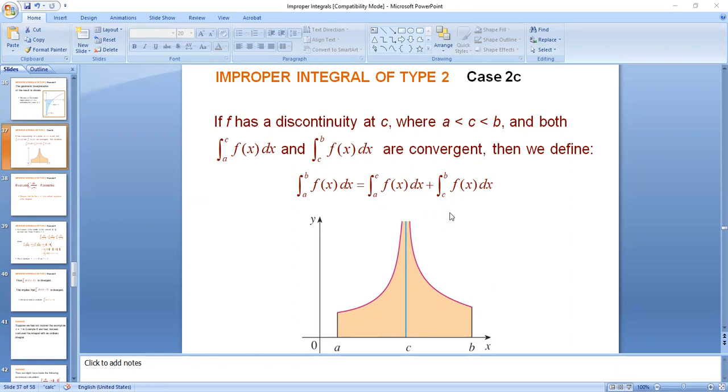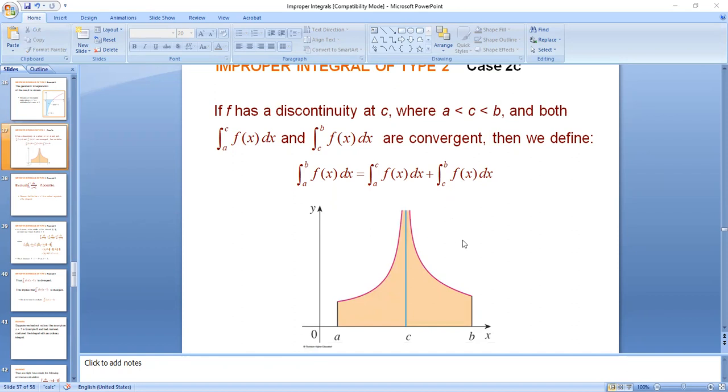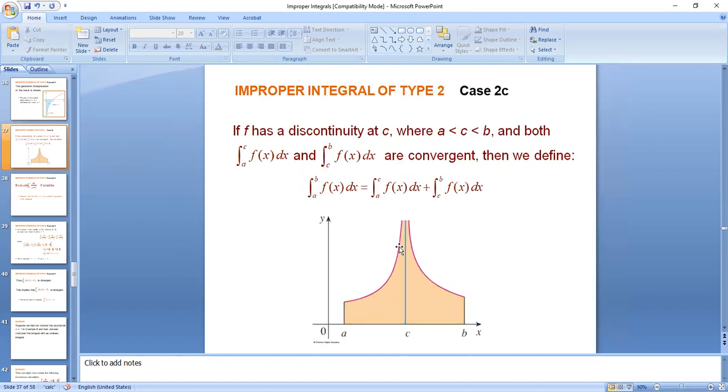If it's plotted, it would look something like this. So I just have this written in a smaller perspective. So you see here, your A is approaching C from the left because C is the upper limit. And your C here in the middle is approached from the right, starting from B, because C is the lower limit.